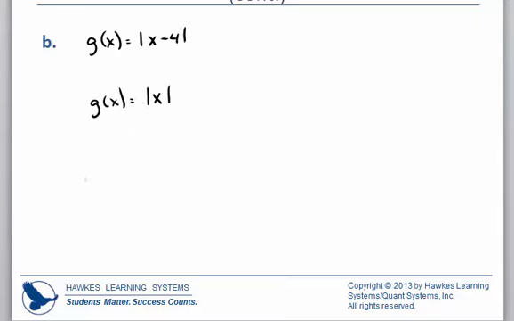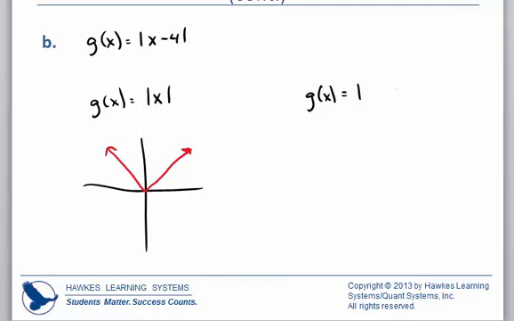So this is our absolute value function, and we know that the graph of our absolute value function makes a V with the vertex at the origin. So now let's think about this original function and how it has changed. It started out as the absolute value of x, and it has now become x minus 4.